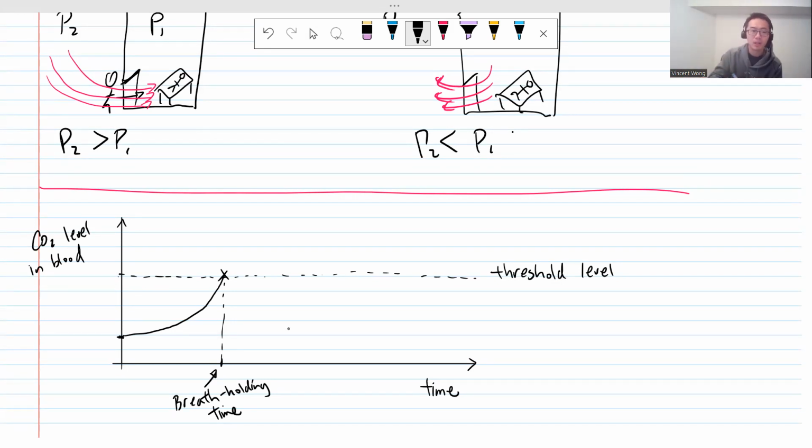Why does it work? Well, when you exhale deeply, you are breathing out extra carbon dioxide that you otherwise would not be doing with regular breathing pattern. Right? So that means you are starting at way lower when you hold your breath. Right?